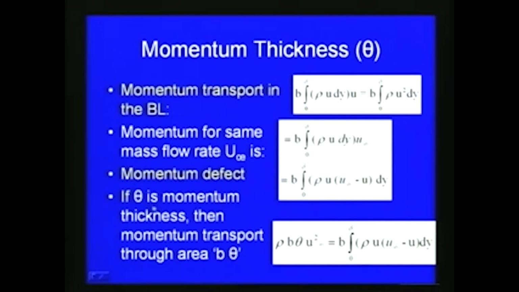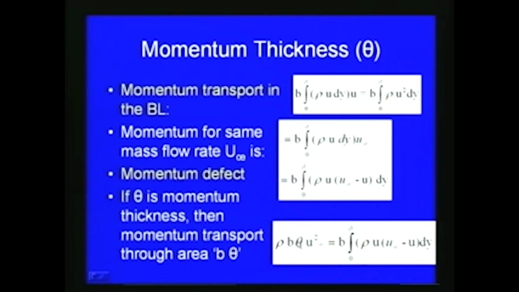So, if theta is the momentum thickness, then the momentum transport through area b into theta can be written as rho b theta u infinity square. So, that we can equate with this momentum defect derived here, that is equal to b into integral 0 to delta rho u infinity minus u dy. So, with this we can get an expression which we have already seen in the last slide.